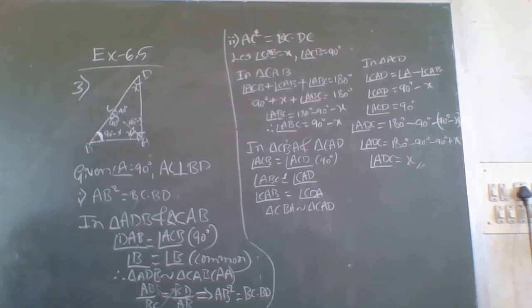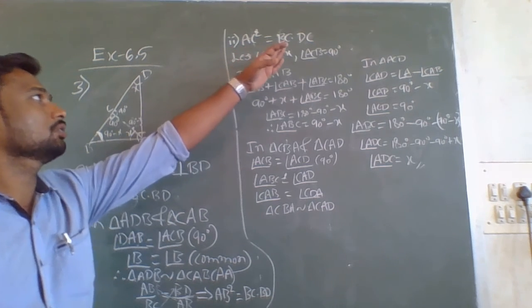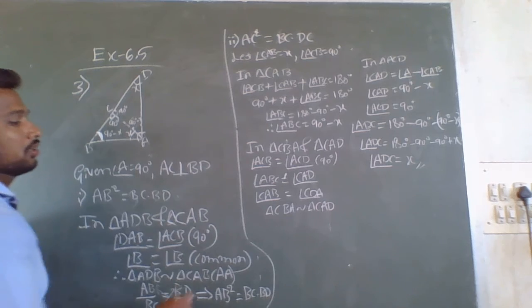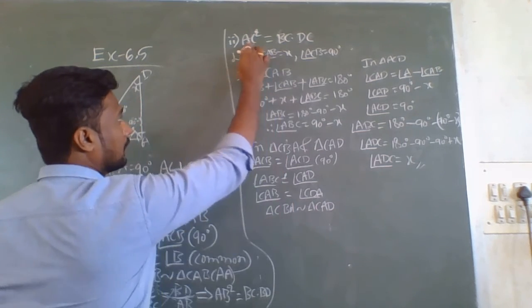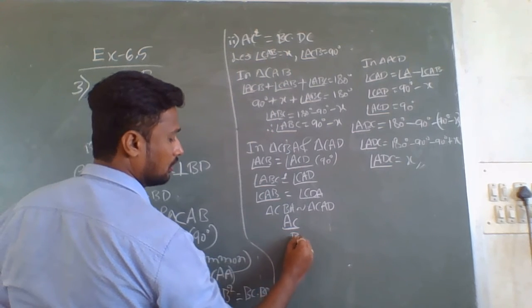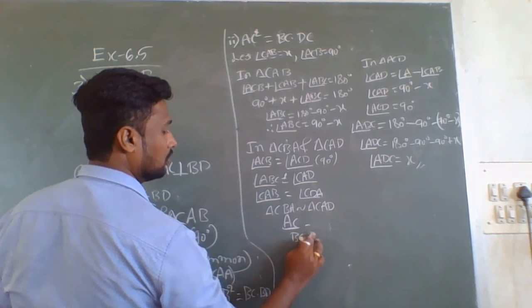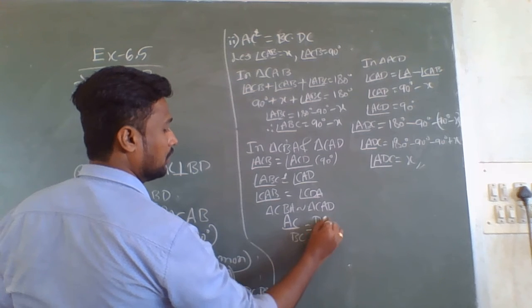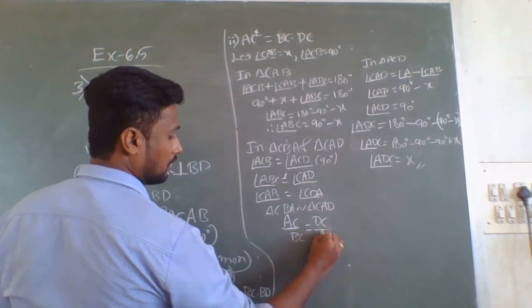So now what we have to prove here? AC square is equal to BC into DC. According to that, I will write AC by BC equals BC by AC.